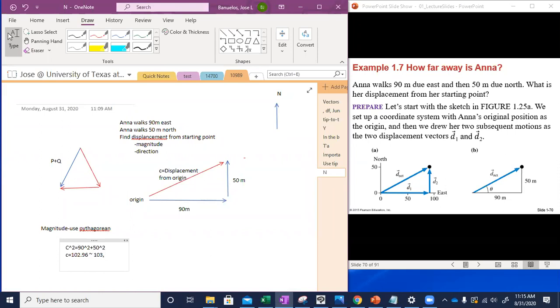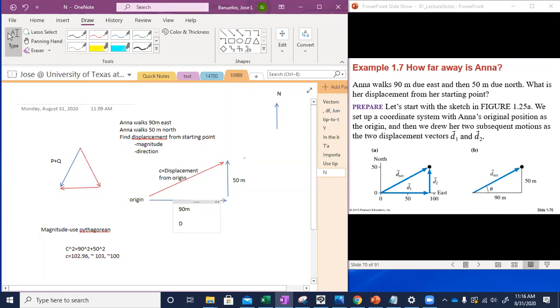If we wanted to round further, it's really close to 100. 103 is more tempting as a number to write, but if we consider significant digits, 100 is the more appropriate one to use. So that gives us the magnitude.